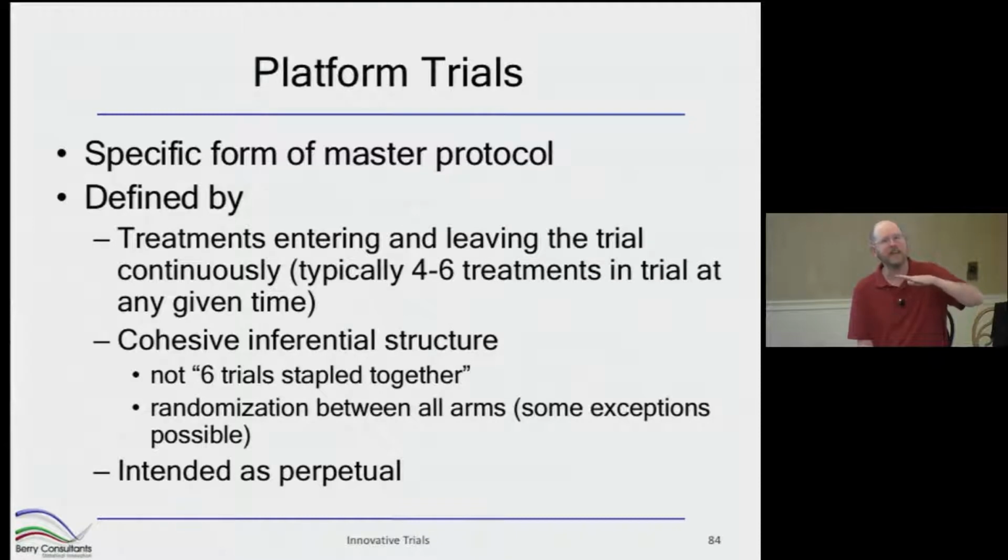One of the key reasons for doing that is if you have multiple arms and you've randomized across everything, that allows you to pool controls and it allows you to compare across different arms because you had randomization, as opposed to if you just ran this trial in this part of the network and that trial in that part of the network, you'd worry about potential biases because you didn't have this randomization.